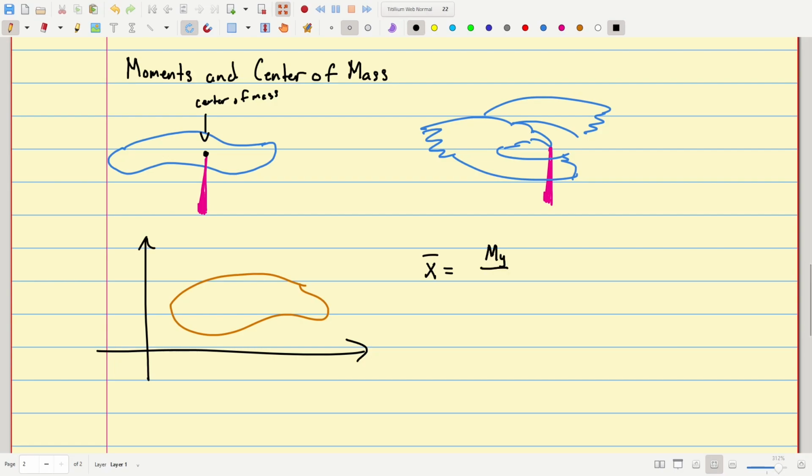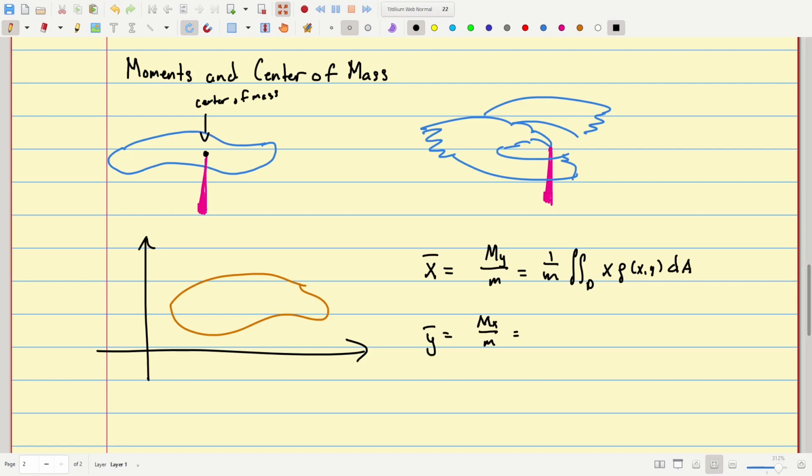And the formula for this is the moment about the y-axis divided by the total mass of the object. Okay. And the integral here is given like so. Okay, so I have x times the mass density function. Okay. We have a similar formula for y.